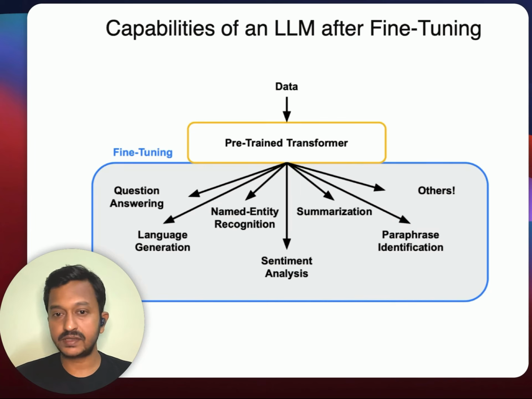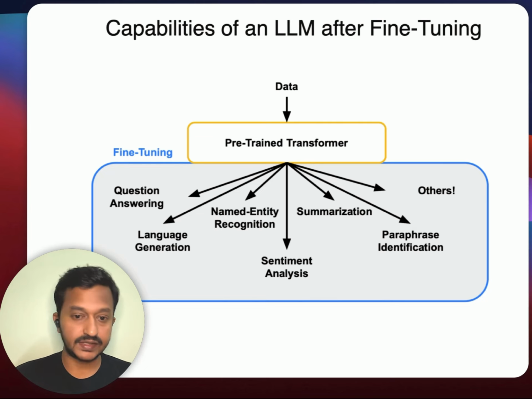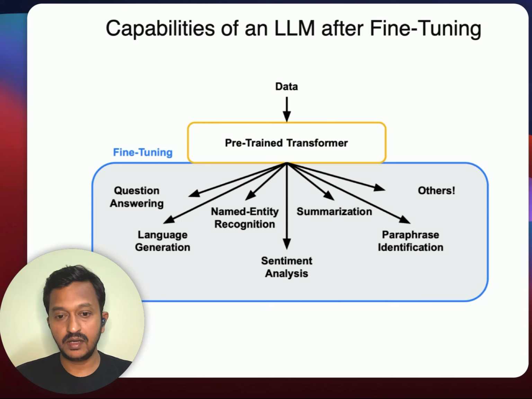So what happens after fine-tuning a pre-trained model? These are some of the capabilities of an LLM after fine-tuning, right? With your custom data, you fine-tune the pre-trained model, and you can use it for different tasks like question answering, language generation, named entity recognition, sentiment analysis, summarization, paraphrase identification, and others.